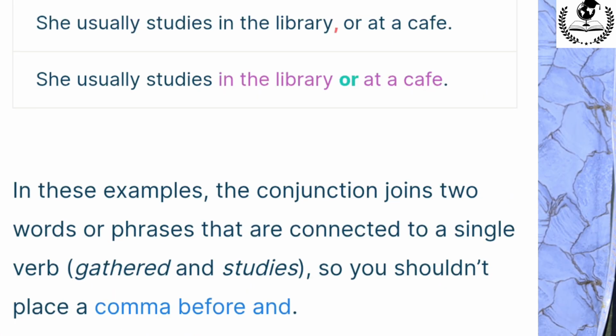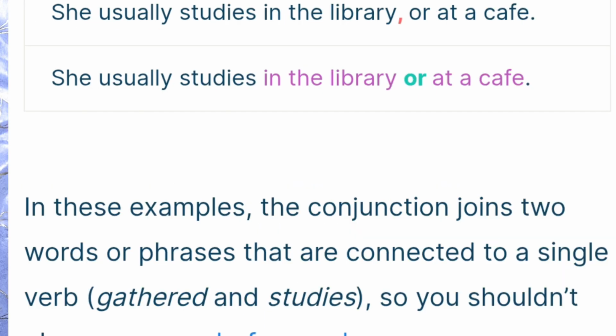Sentence number 2: you cannot say, she usually studies in the library, comma, or at a cafe. This is incorrect. The correct one is: she usually studies in the library or at a cafe. This is the correct sentence.